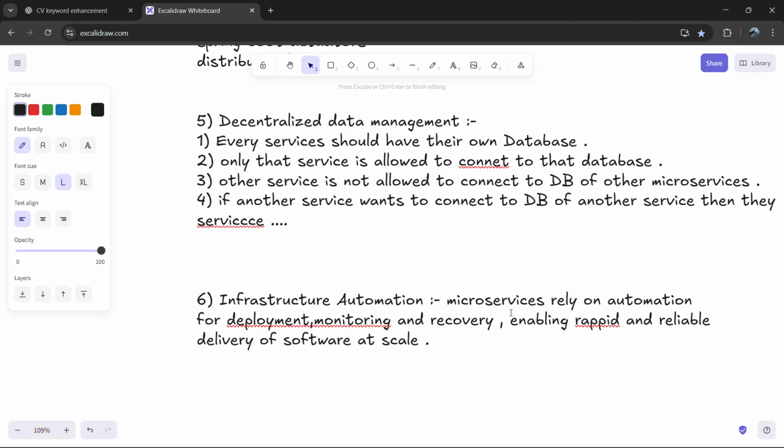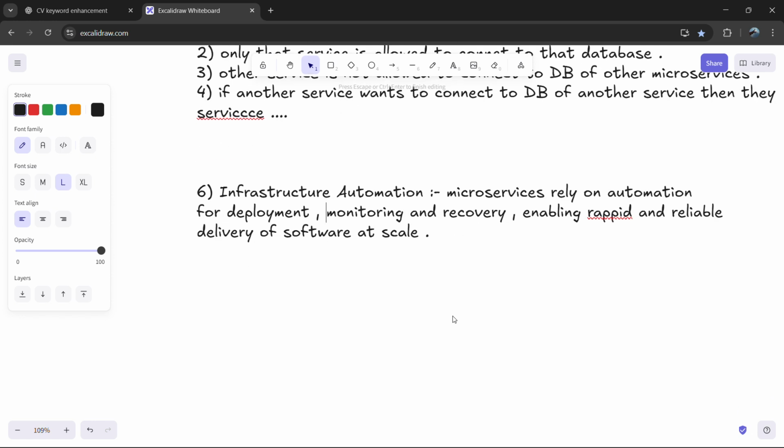So infrastructure automation uses systems like Docker, Kubernetes, Jenkins. These tools help microservices to automatically deploy, monitor, and recover, and deliver the software at scale. Okay, so this is the sixth point.